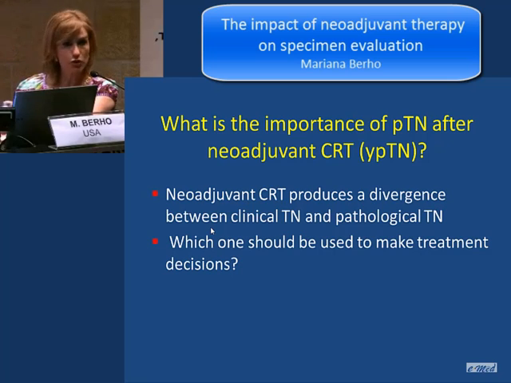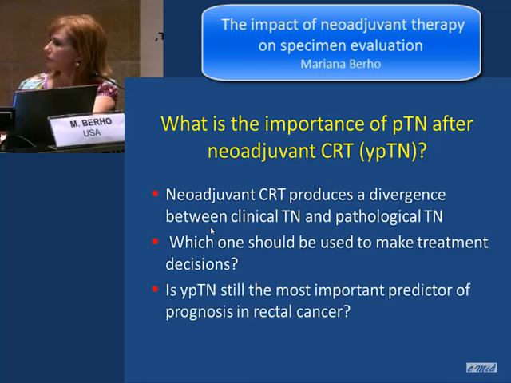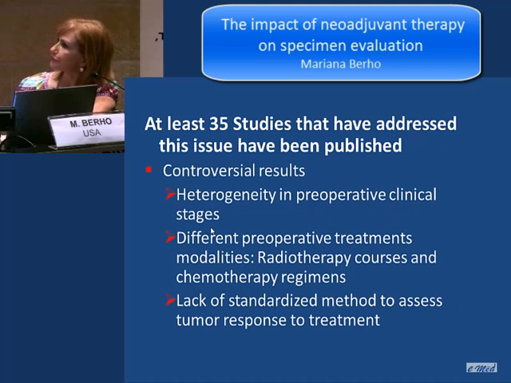And then you as surgeons or oncologists, after you receive the pathology report, need to decide what you're going to do with the patient. So are you going to treat the patient based on the stage that was before the neoadjuvant chemoradiation or after? In other words, is the ypTNM still important to make treatment decisions?